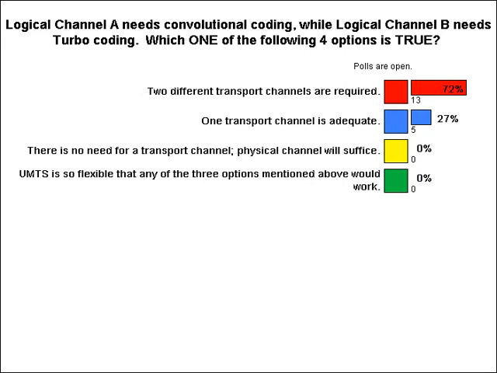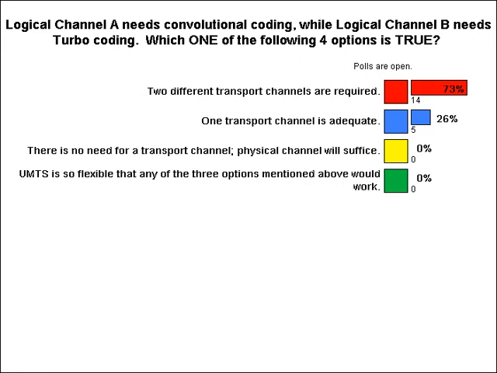Okay, let's see what we have. So we improved our score a little bit. From 66% last time, now we are 72%. So at least we are moving in the right direction. So that is the correct answer: 2 transport channels. In general, anytime you want to protect things differently, with a different amount of protection, then you need different transport channels.